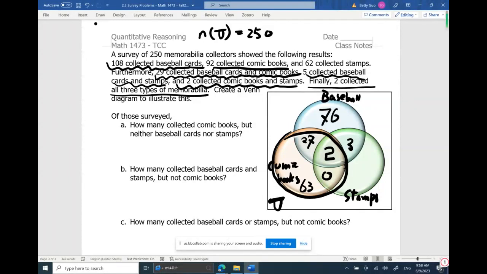Yeah, let me double check. So in this circle, we should have 92. And this is 65. 65 plus 27 is 92. Yep, that's correct.